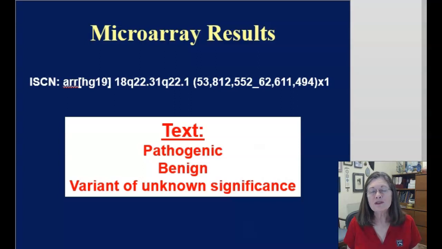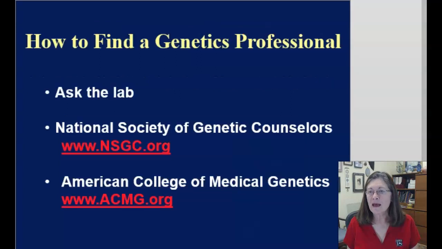What we know is changing all the time. This is a really vibrant area of science and medicine, and so it's important to maybe check in a few years with a genetics professional and find out if the implications of your report have changed over time, because it likely has.